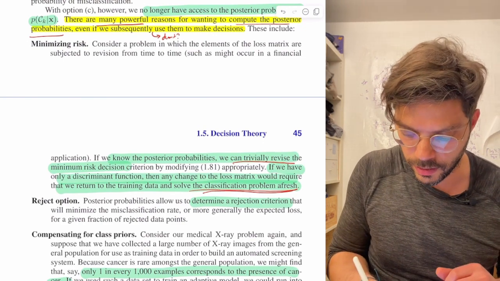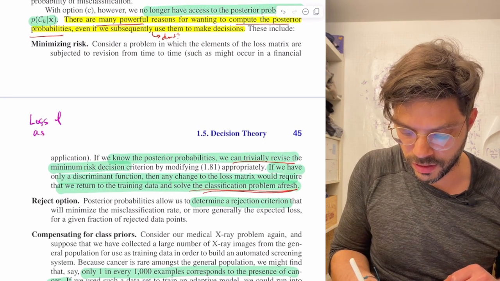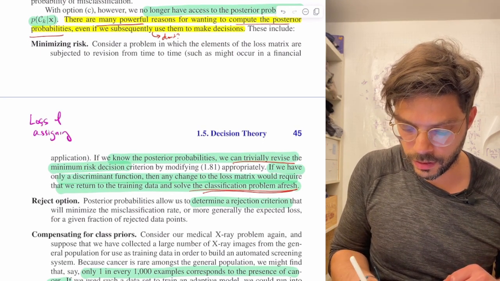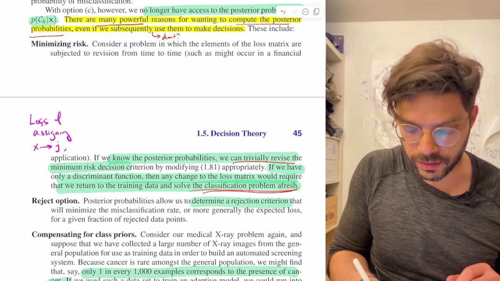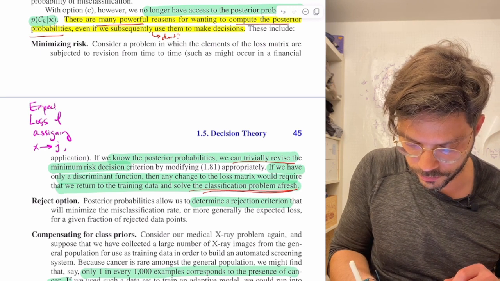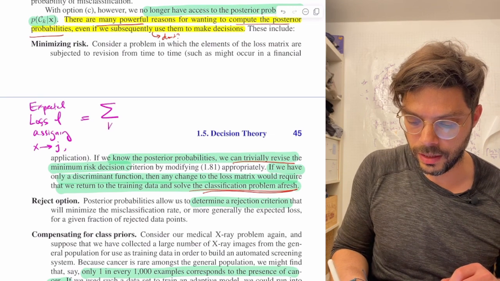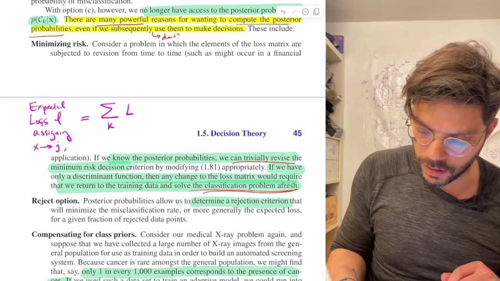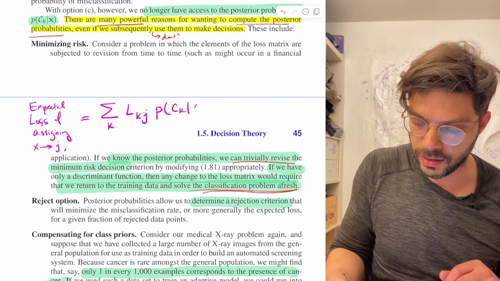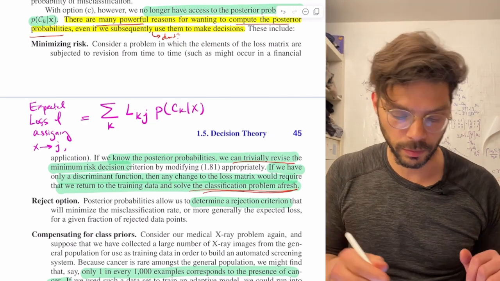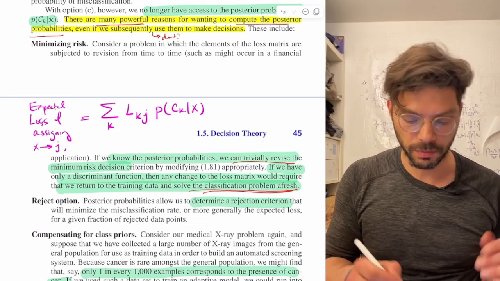We said the expected loss of assigning x to j is going to be equal to the sum on k, so these are all the other classes, of the loss between the true class and our assigned class, times p of c_k given x. Okay, so that was the formula that we had, averaging the loss based on the posterior probabilities.